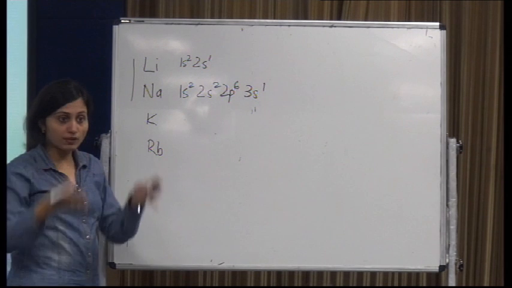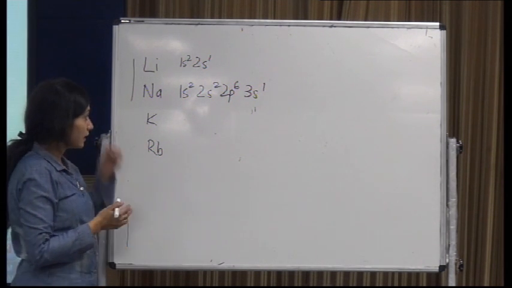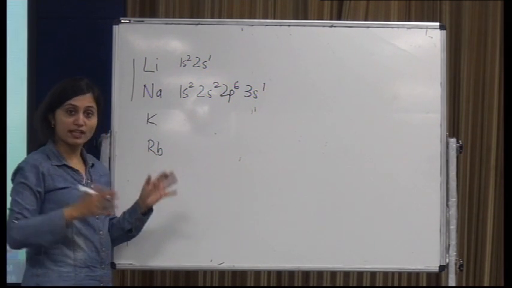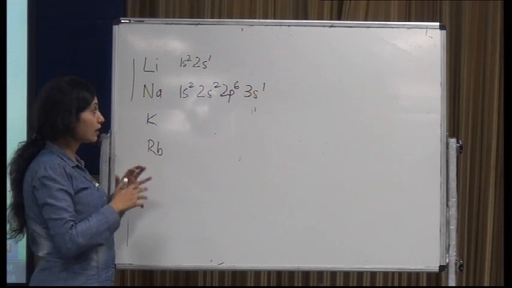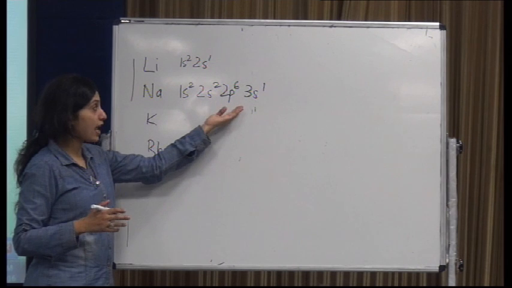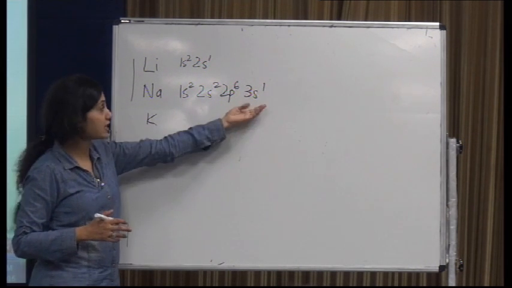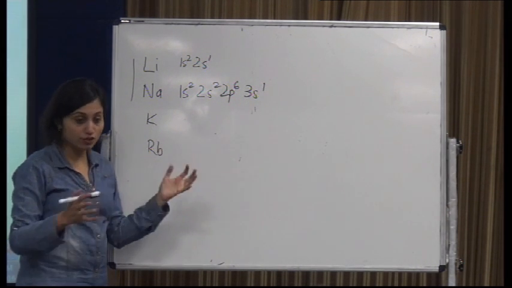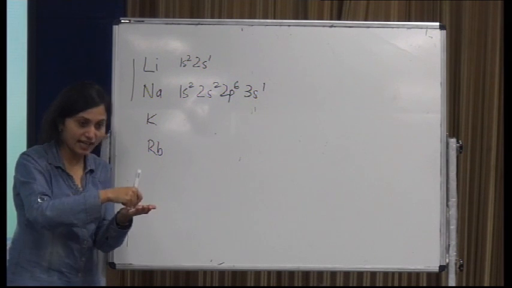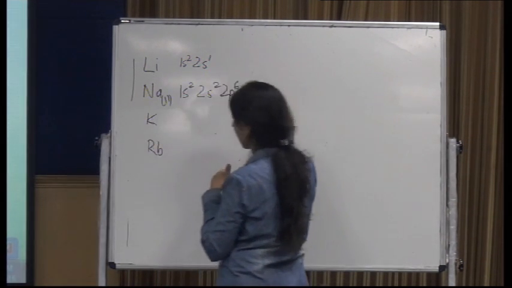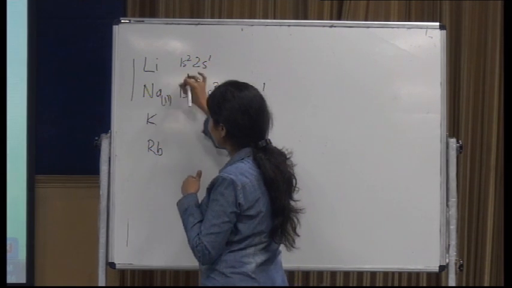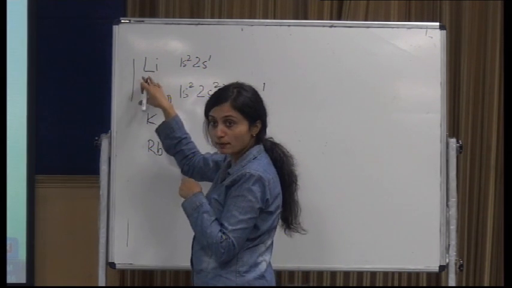So on going from top to bottom, what will happen? One extra shell is getting added up. So there will be so much of repulsions faced by this electron. So naturally, because electron getting added up means if you have 11 electrons here on the side, then the nucleus around which these are revolving also has a +11 charge.